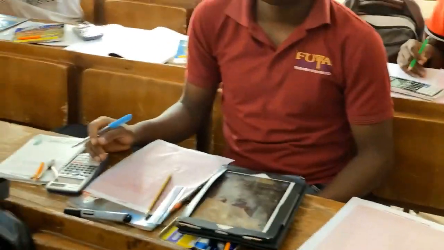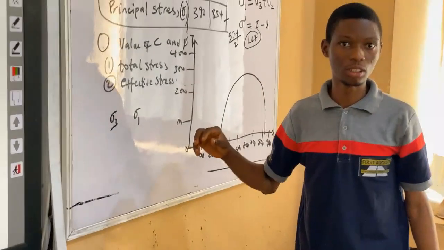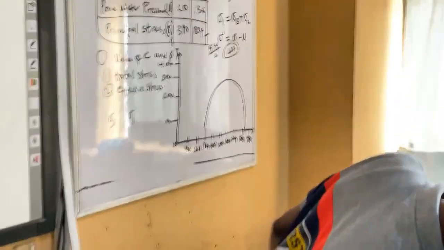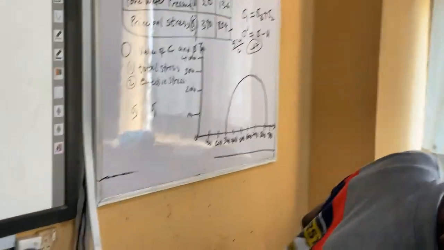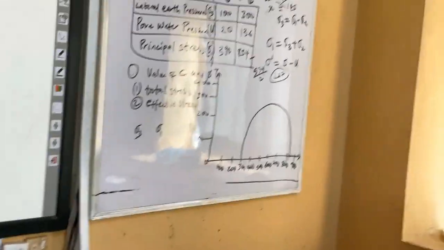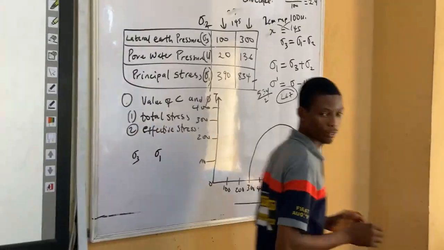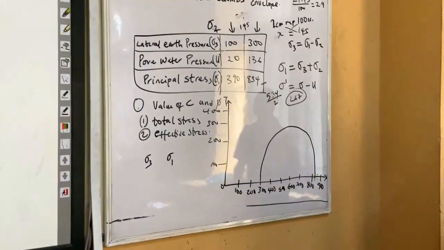Okay, I think I got it. We'll do it like NT and USRC. 1.5. Okay, the same process we do for effective.